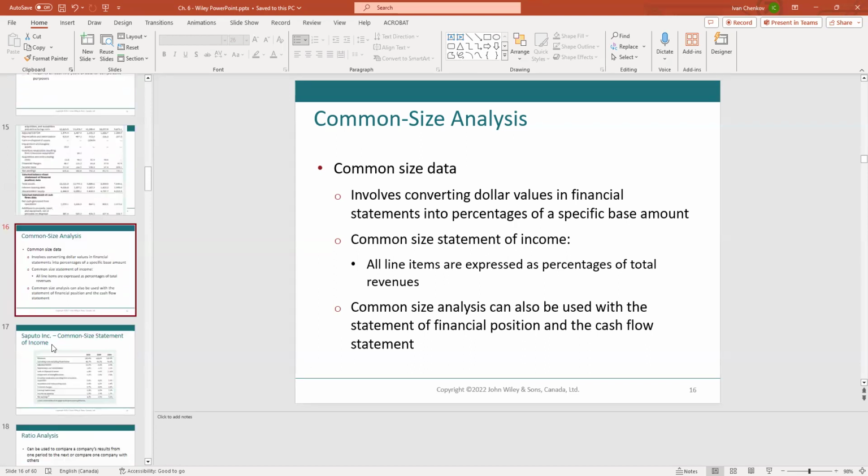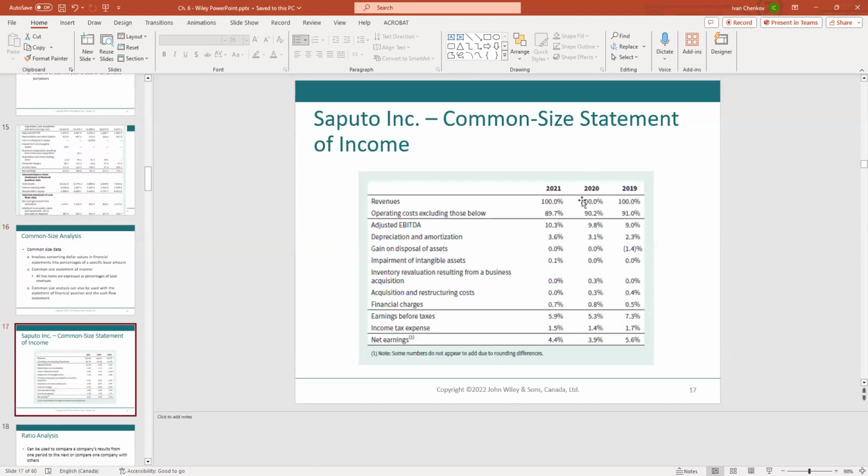Let's see how this is going to look. Again, the revenue is always going to be 100%. Earnings before taxes, you can see it, income tax expenses and net earnings. Since we have three years here, can we talk about the trend of this company?